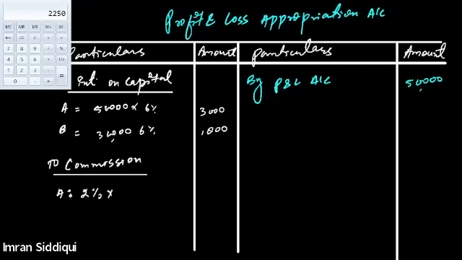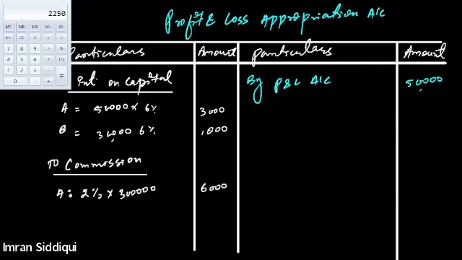Turnover, I think, was given as 3 lakh. Yes, sir, 3 lakh, right? So we will calculate the commission on 3 lakh. That will be 6,000.